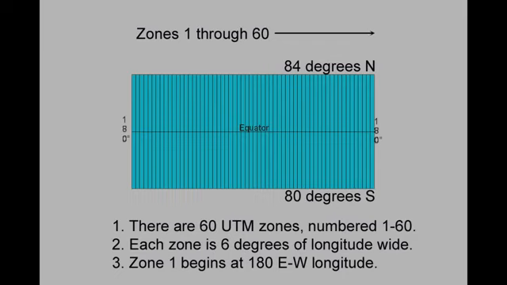Now this rectangle, as you can see, is divided into long, thin zones, and each one of these zones is depicted by a vertical line there, and there are 60 UTM zones, and they are numbered 1 through 60. Zone number 1 begins on the left side, and zone number 60 ends on the right side.